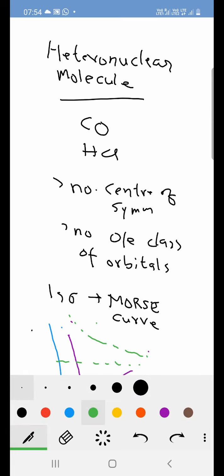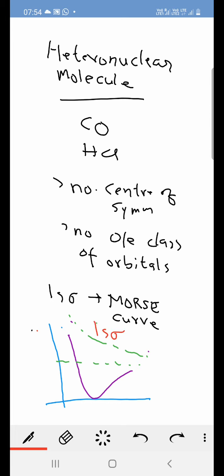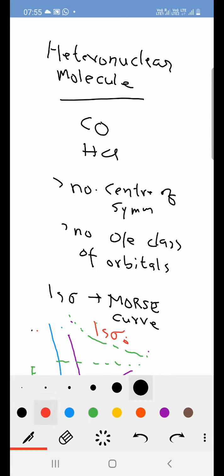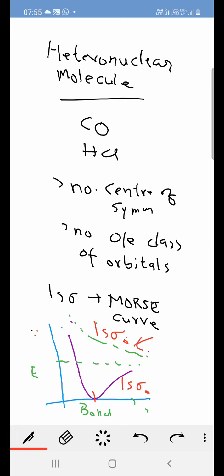This corresponds to 1s sigma, the odd one, and this 1s sigma, the even one. And the bond formation takes place here. This is distance and this is the energy. So another interesting thing is that this is a continuous curve, there is no minimum involved, for the odd one.